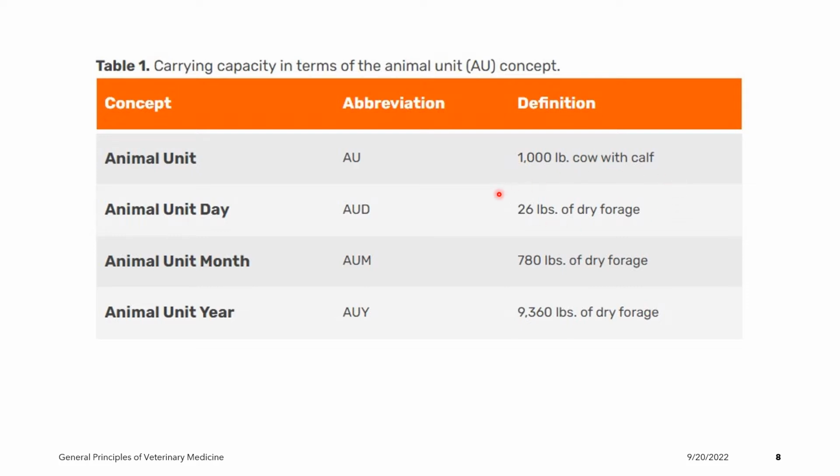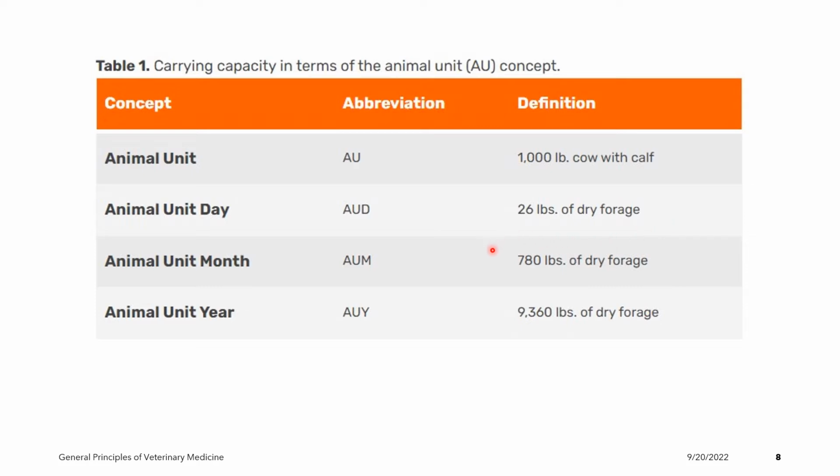So in this example, the author used 26 pounds of dry forage. The animal unit month is again the forage requirement of an animal unit per month. How do we get this 780 pounds of dry forage?